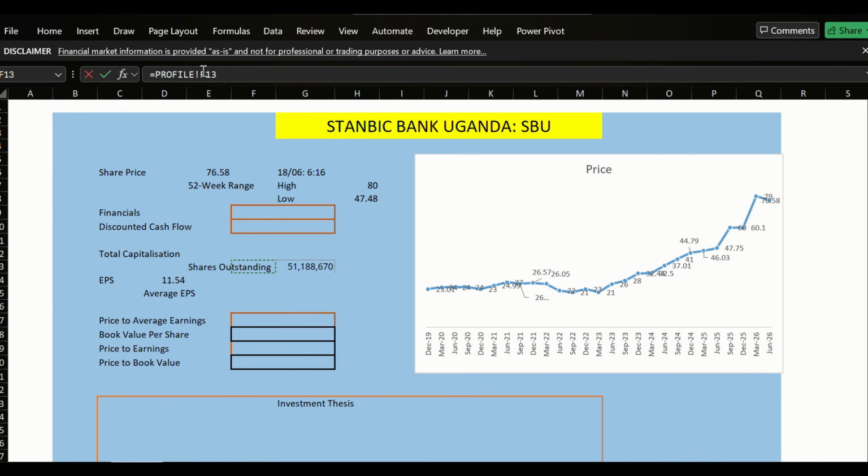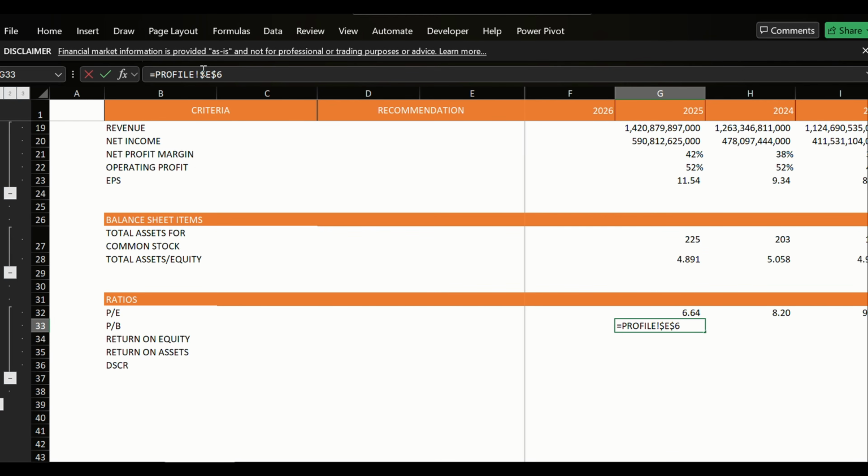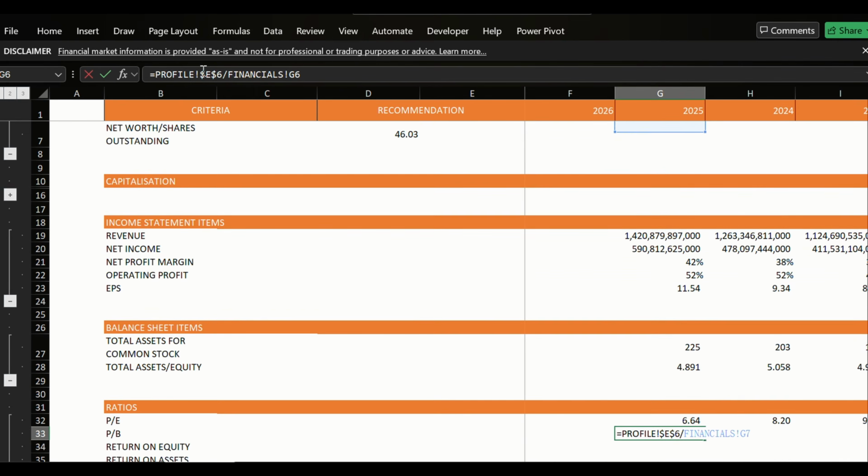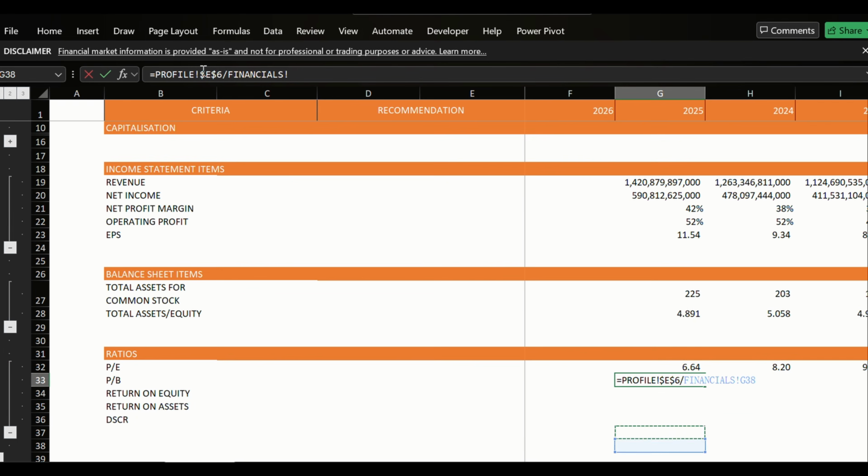I deleted the book value. It can pick from now. So let me just delete it off.